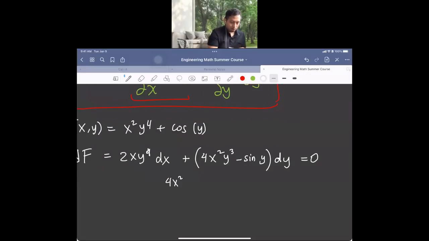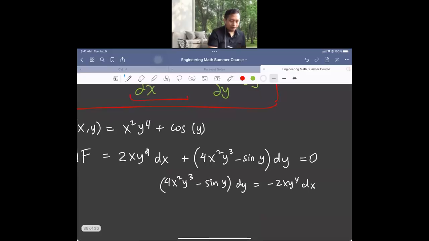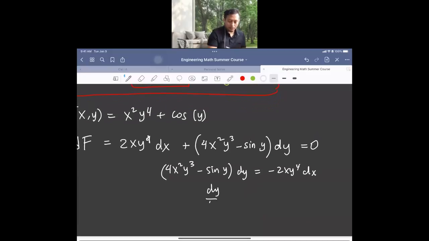So let's solve this, and we may have the same conclusions.